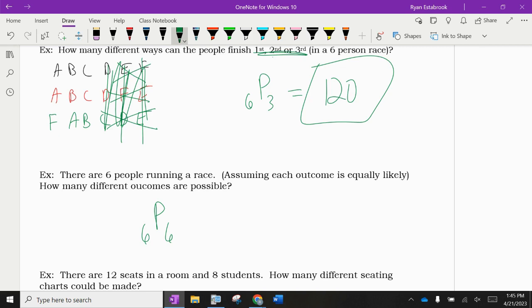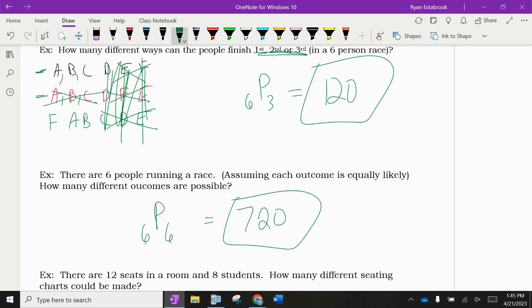I'm expecting this to be bigger because all of a sudden now 4th place and 5th place and 6th place matter. Going back up to my earlier example, these 2 results, even though Frankie and Edward were in different spots, these 2 results for first, second, and third are really the same.